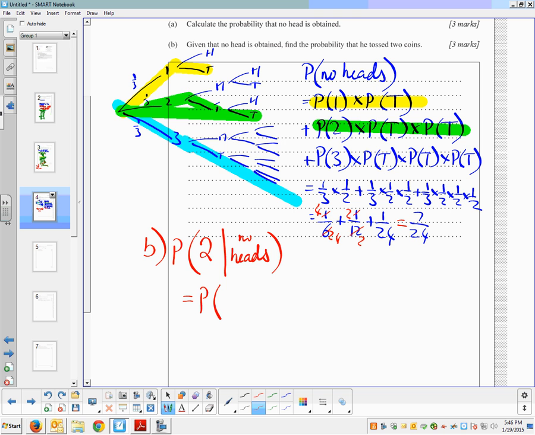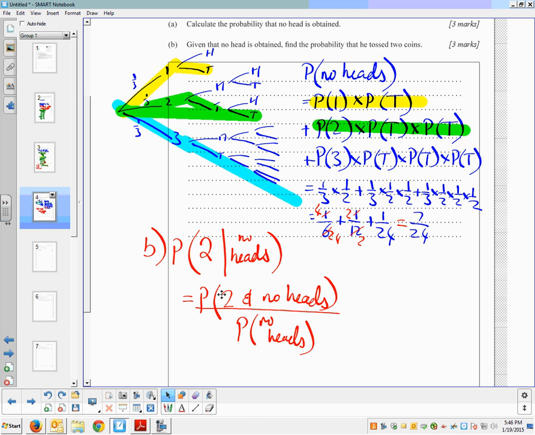So A and B is getting 2 and getting no heads, divided by the probability of getting no heads. Now here's the thing, we've already worked out both those numbers. The probability of getting 2 and no heads was my green line in the equation above, which works out to be this fraction here.